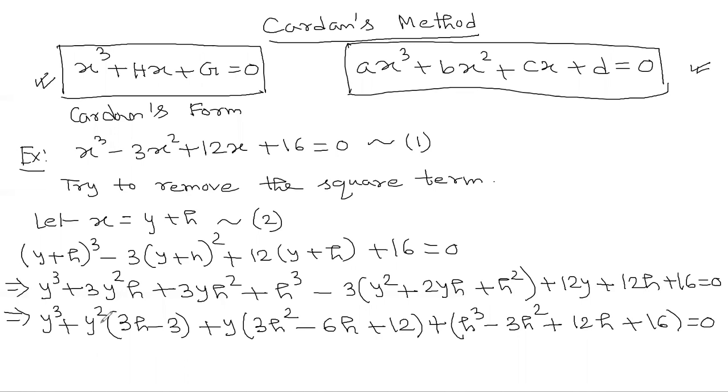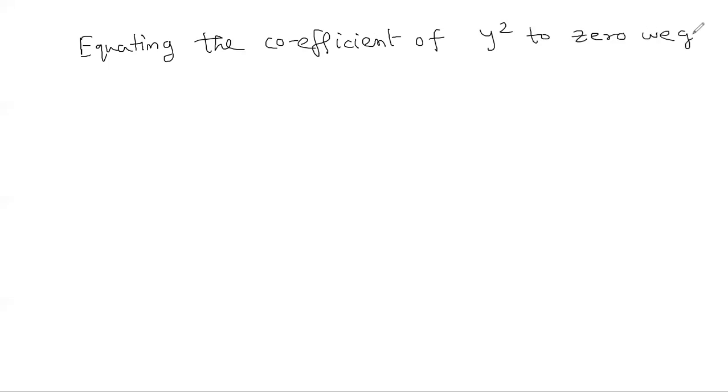Here you can see, if I can remove this term, then this becomes a cubic equation which is of Cardan's form, right? So how do you do that? Equating the coefficient of y squared to 0, we get 3h minus 3 equal to 0.